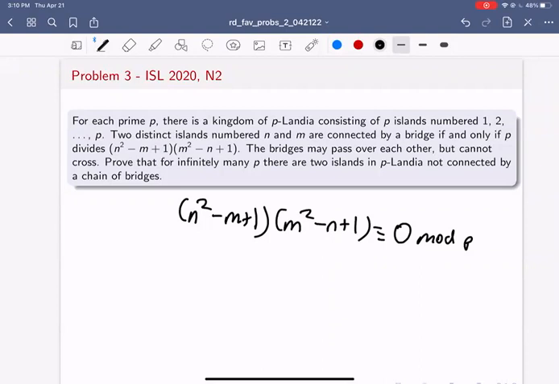And the condition about not being able to cross seems a bit confusing, but it's just saying that you can only go between two islands if there's a bridge between them. Like if there's 1 to 2 and 3 to 4, you cannot go along the bridge from 1 to 2 and then just change and go to 3 or 4.